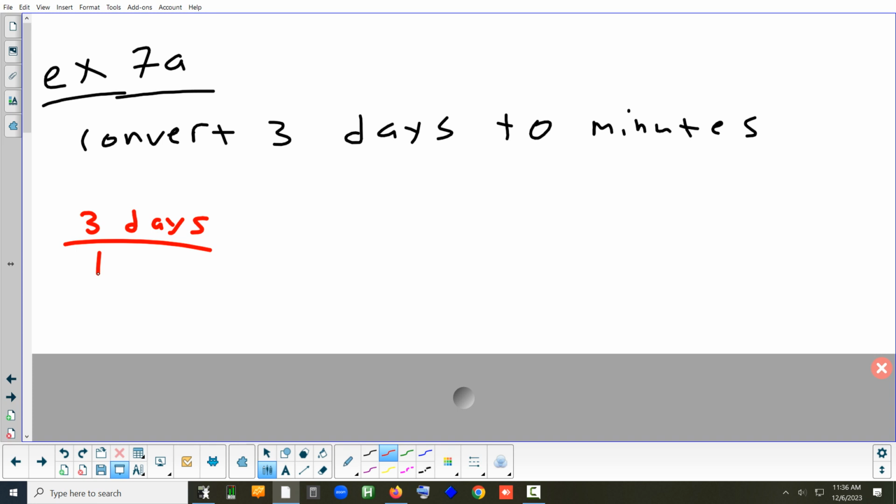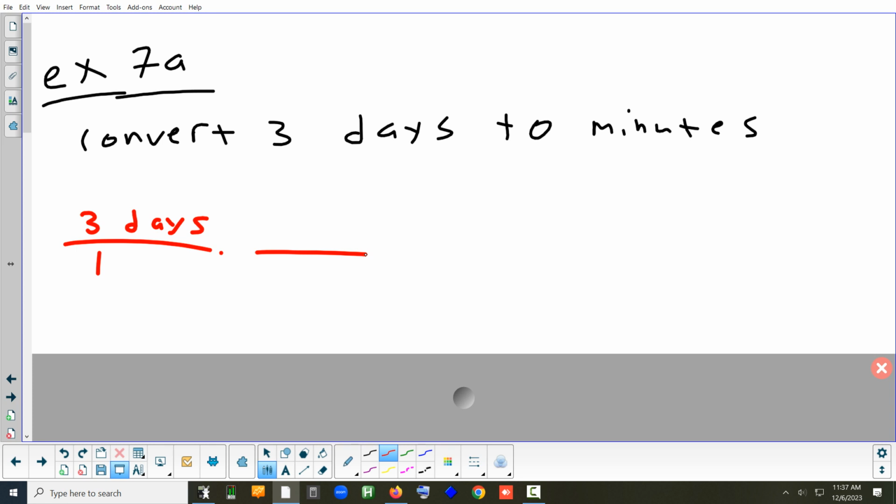I'm not going to jump right from days to minutes because I don't know how many minutes are in a day off the top of my head. I'm going to go from days to the next unit down. What's the next smaller unit from a day? Yep, hours. So we're going to first get days to hours.